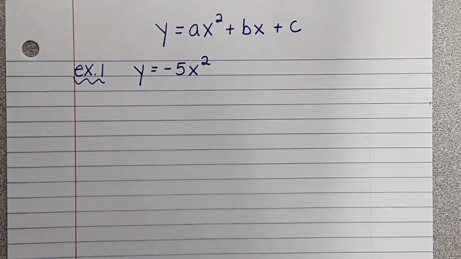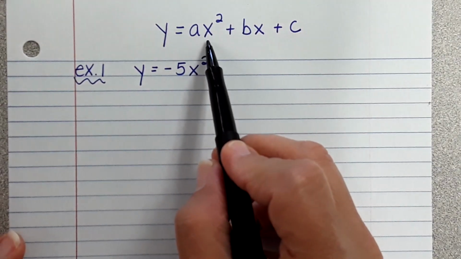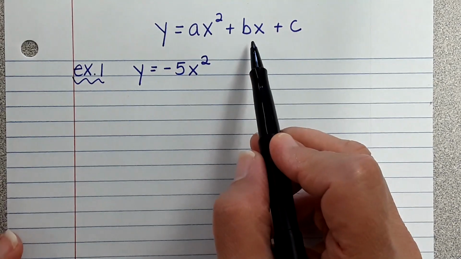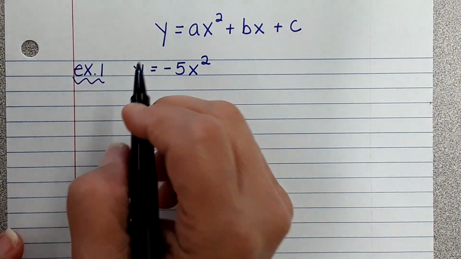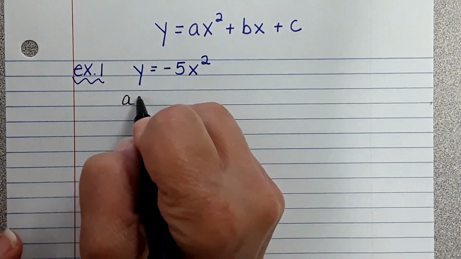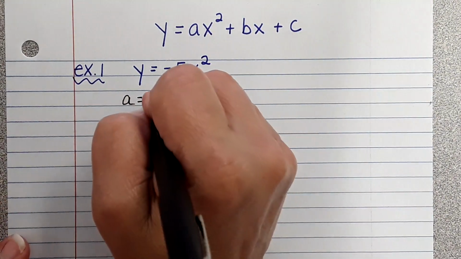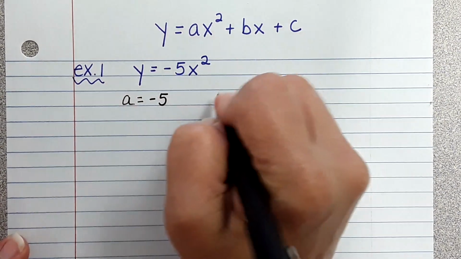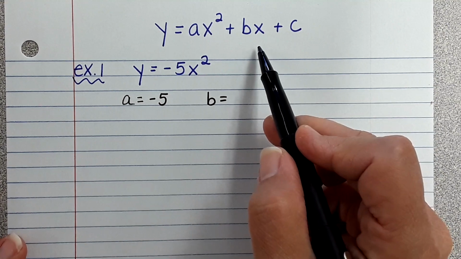So the first thing that we need to do on my list, it said determine A, B, and C. So A is always in front of x squared, B is always in front of x, C is what's left over without a variable. So what is my A? Positive or negative? Okay. What's my B? Do you see a bx term?